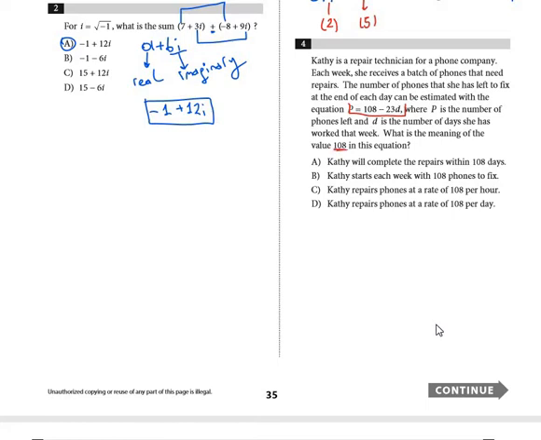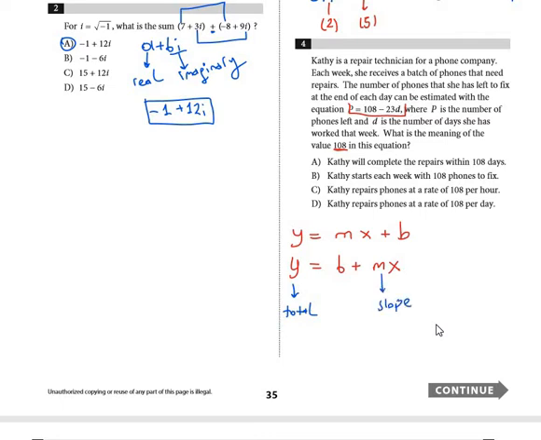This is a linear equation in the form of y equals mx plus b. This equation can flexibly be interchanged to y equals b plus mx, which is exactly the same as above. In this equation, y is the total and m is the slope.